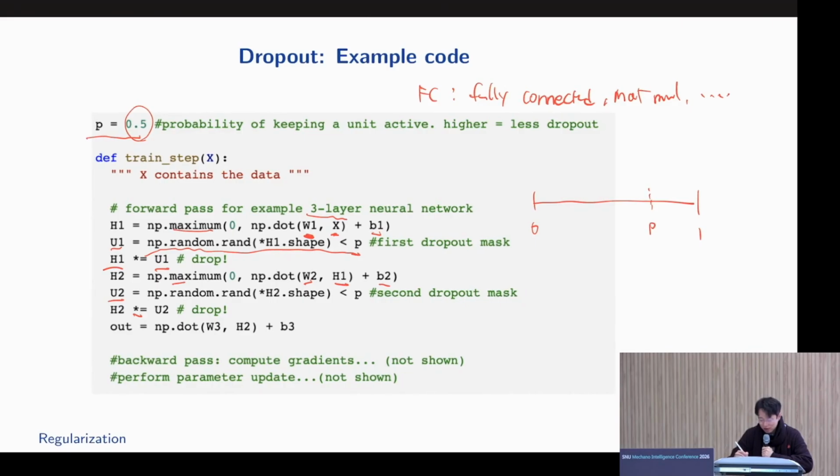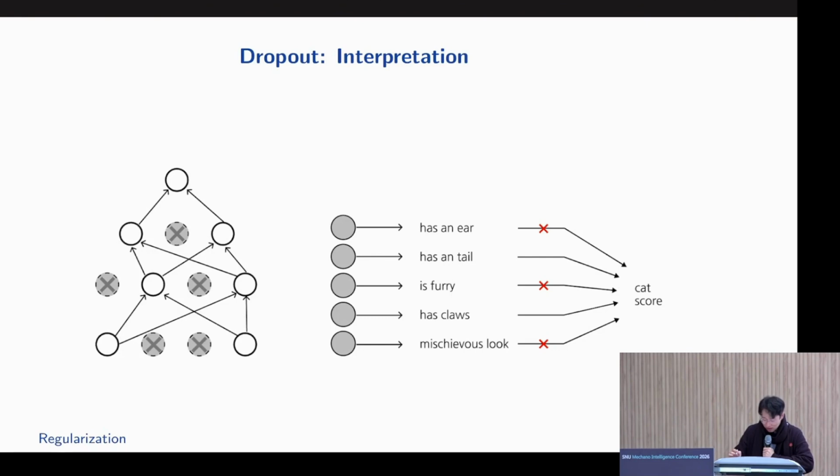You just check whether the sample lies here or here. That's how you sample from a biased coin. Alright, so there is some interpretation, but this is just intuition, and I don't really like it.